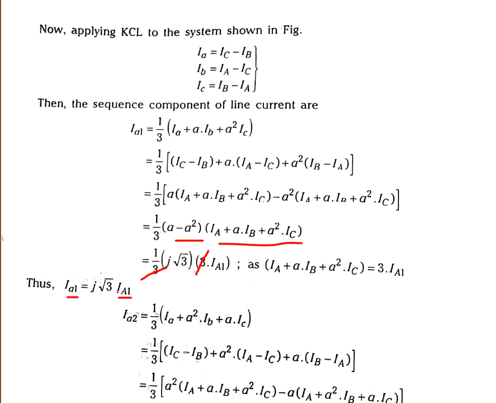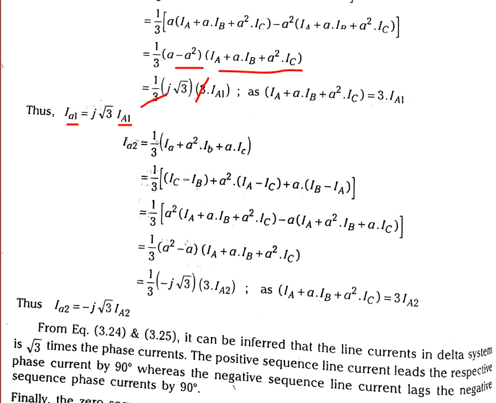Here my line sequence component IA1 and my phase sequence component IA1 are both positive. Similarly, IA2 is the same: 1 by 3 (IA plus A square IB plus A IC). After substituting all these values, instead of A minus A square, you will get A square minus A, so you will get minus j root 3 into 3 into IA.